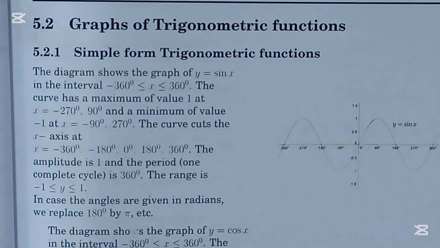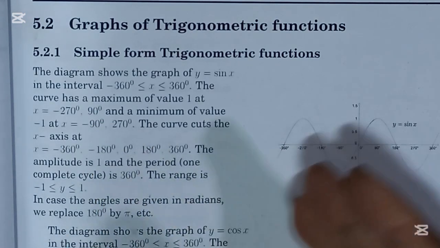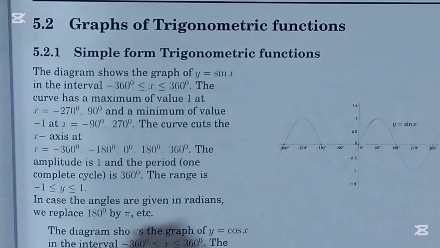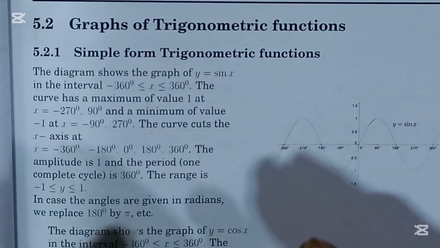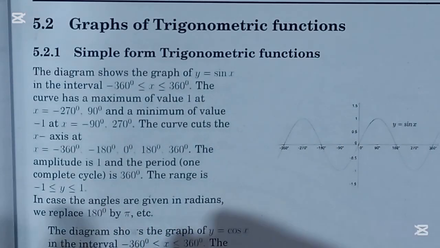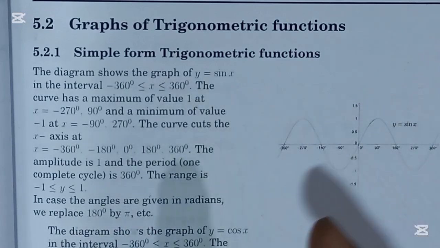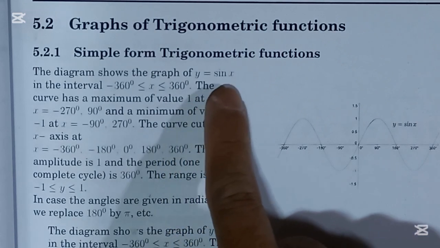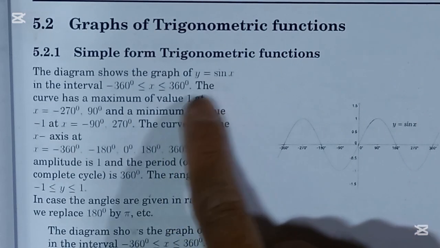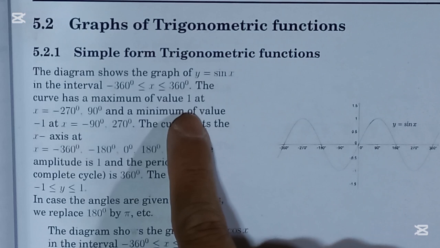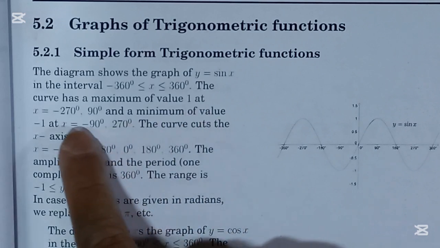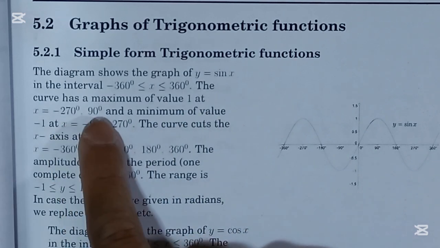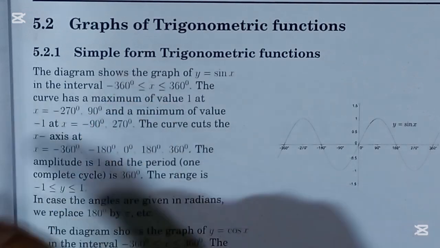The first thing which you have to mention in the graphs is the maximum and minimum values, and at which values they are obtained. The maximum value of sine theta that can be obtained in this interval is plus 1, and that is obtained at minus 270 degrees and plus 90 degrees.